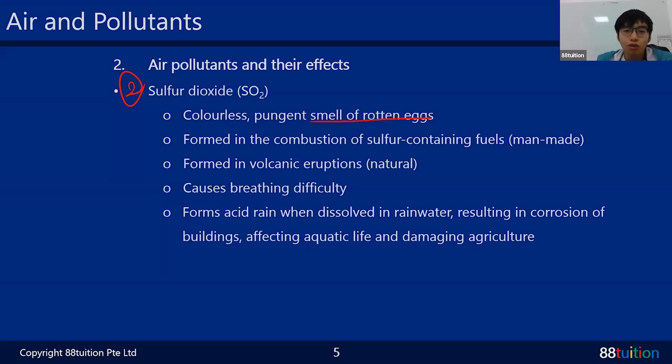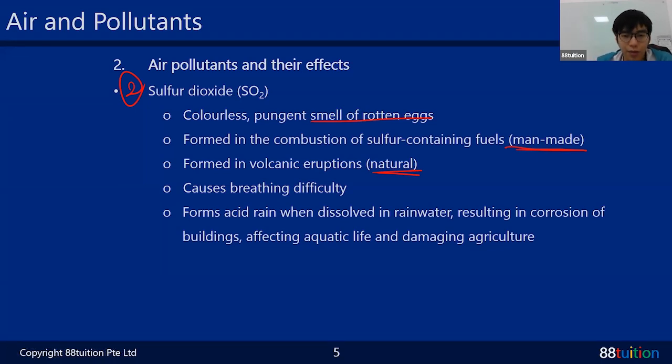There are two ways you can form sulfur dioxide. One is man-made, or human-caused production of sulfur dioxide. The other one is natural. The natural way is formed during volcanic eruptions or areas near volcanoes.